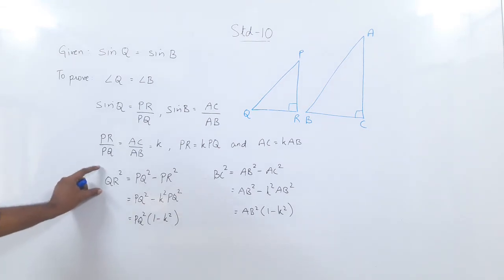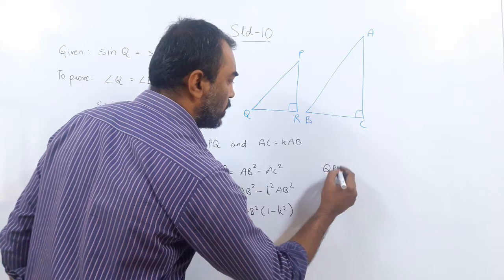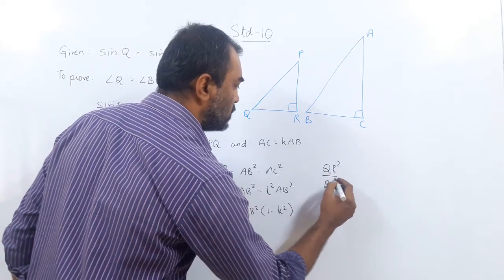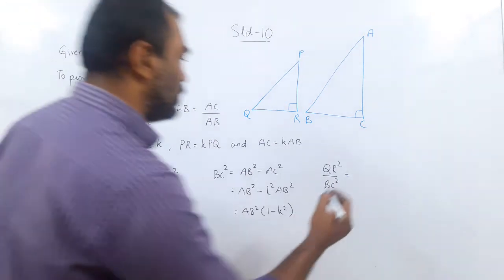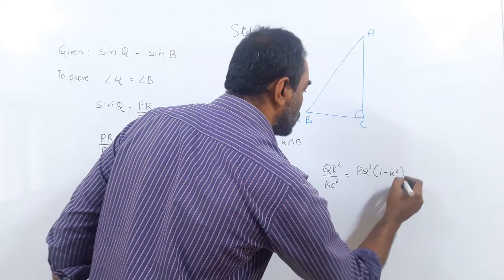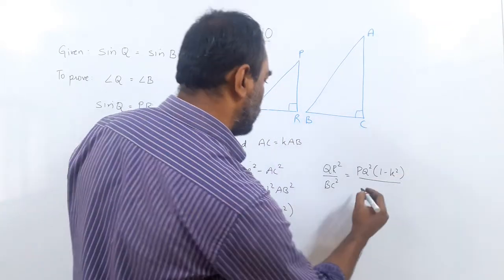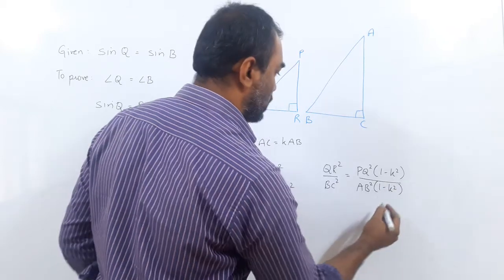Now let me do QR square upon BC square. QR square upon BC square is PQ square into 1 minus K square upon AB square into 1 minus K square.